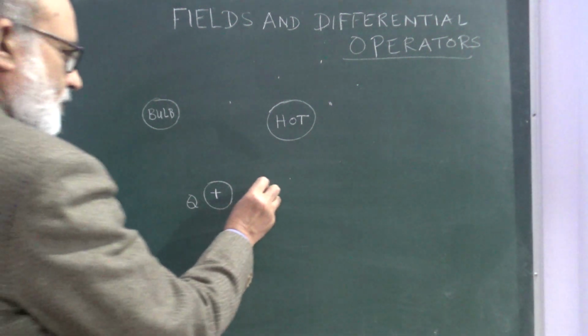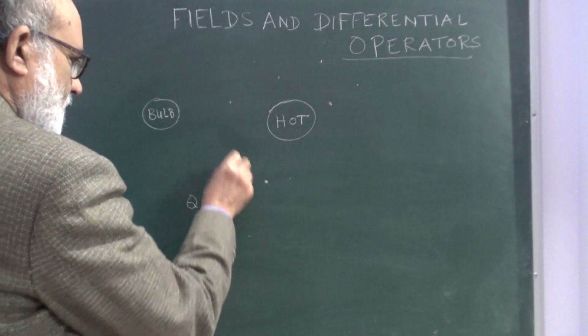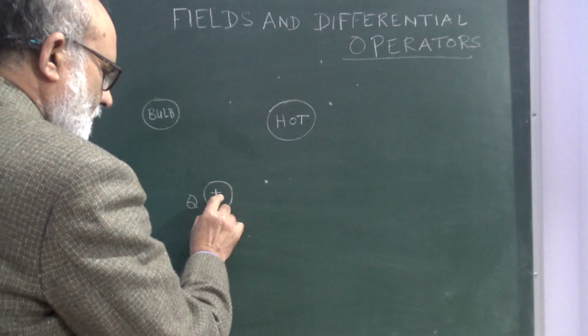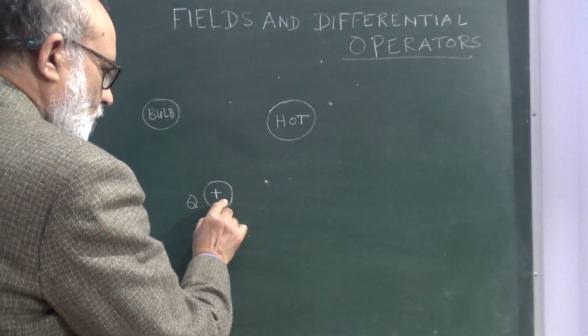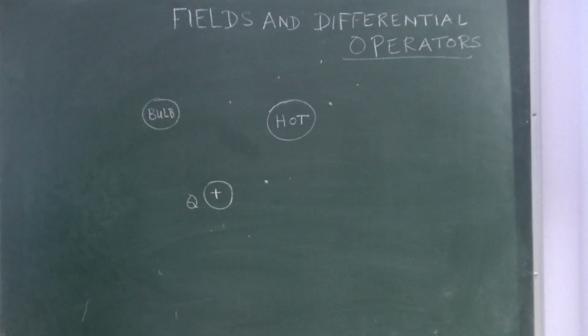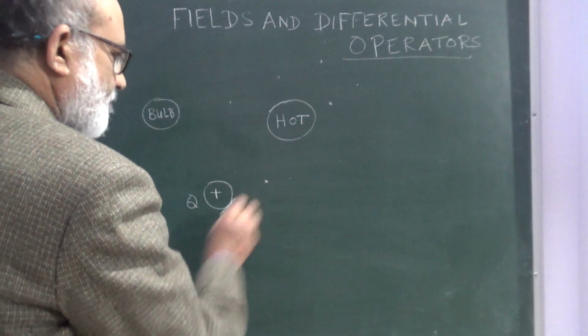So for every point in the space around the charge, you will get certain electric field, because this is the force experienced by the charge. And since force is a vector quantity, this type of field is a kind of vector field.